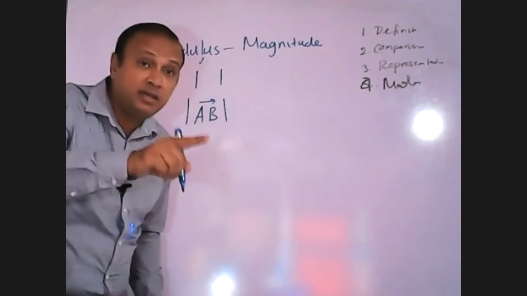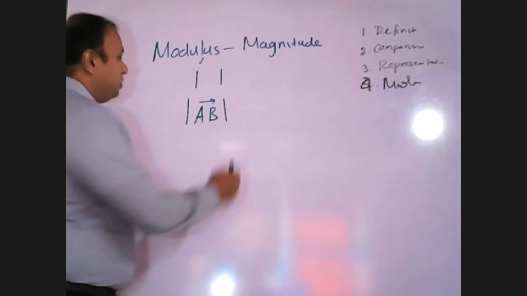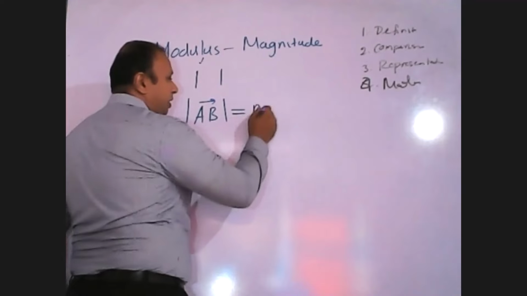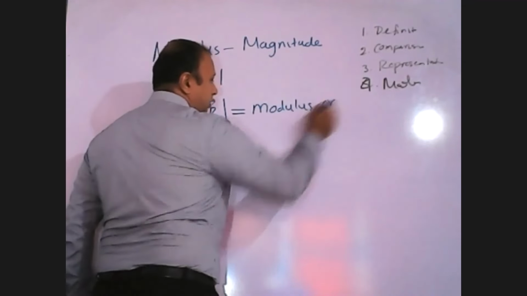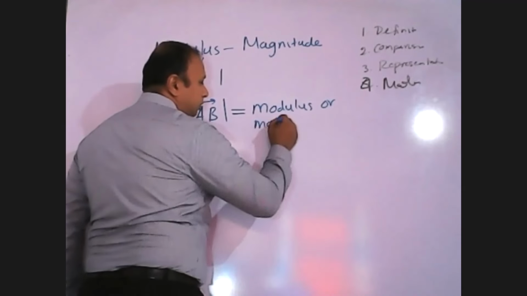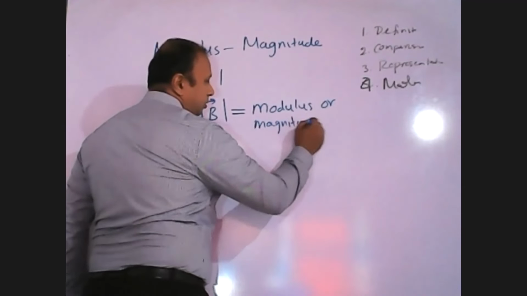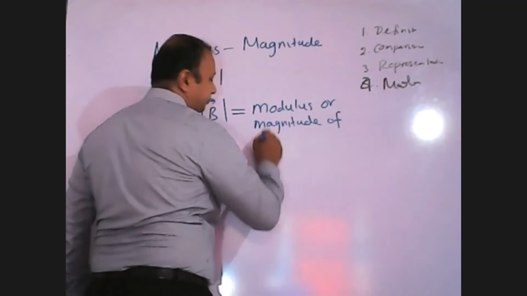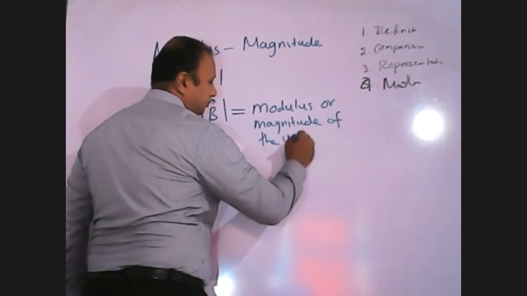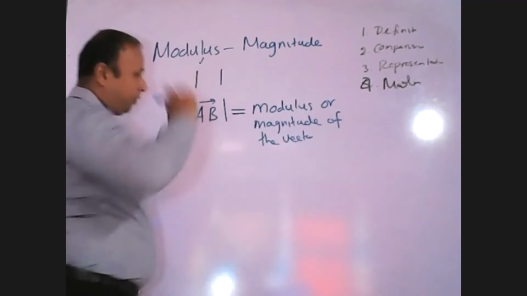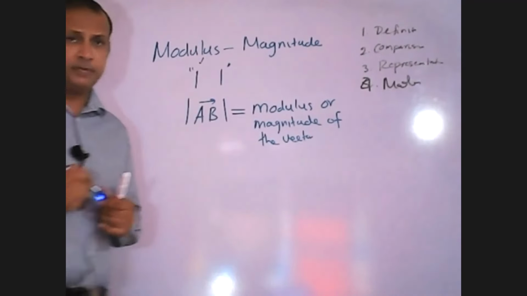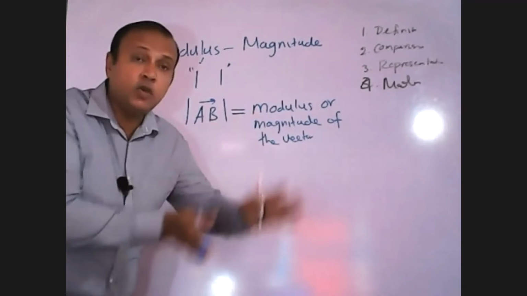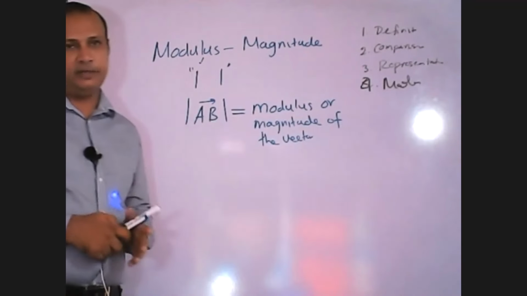This is equal to the modulus or the magnitude of the vector. The modulus symbol is this one. Modulus means the magnitude of the vector.